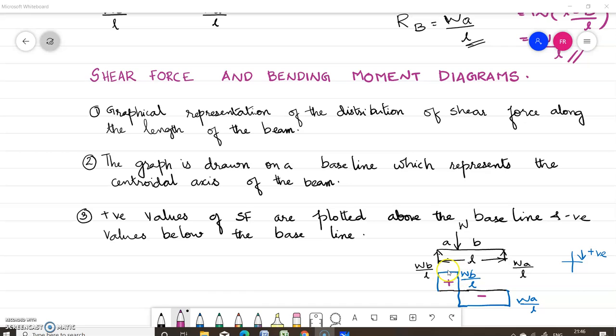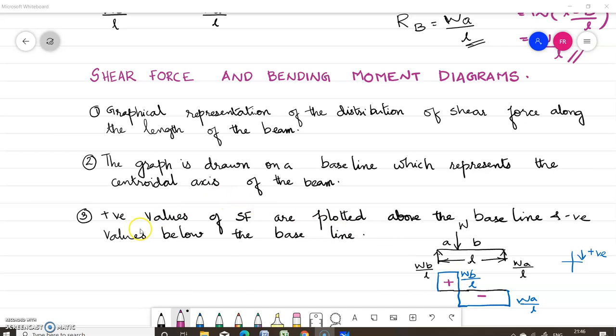Now this value Wb by L remains constant up to this support, and the value of support reaction will be equal to the shear force at the supports.